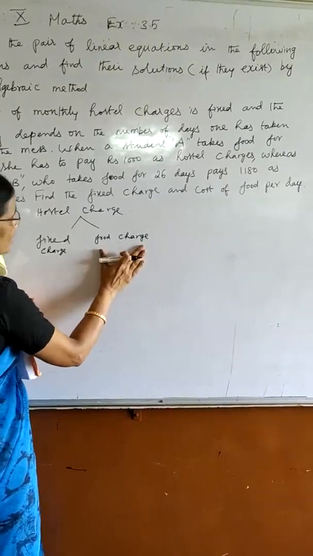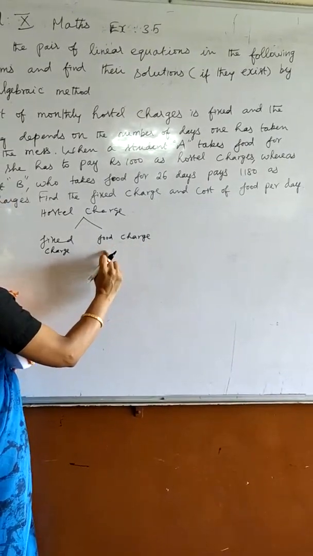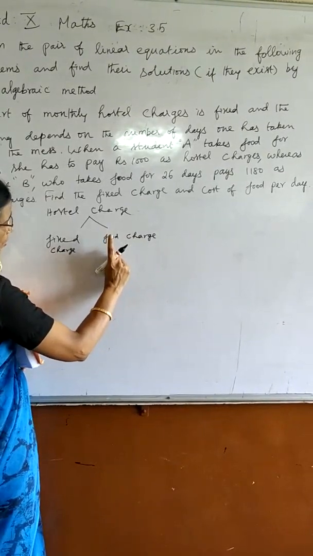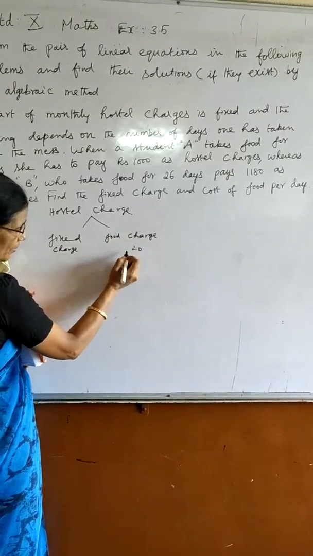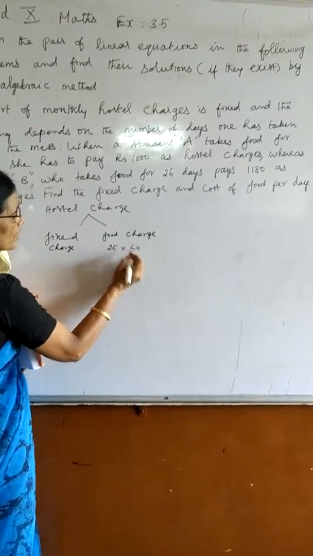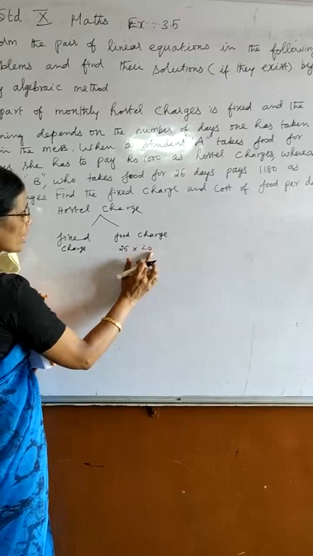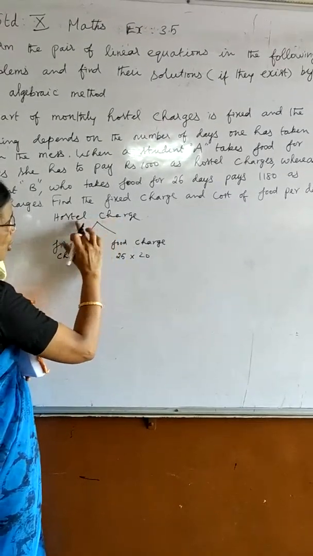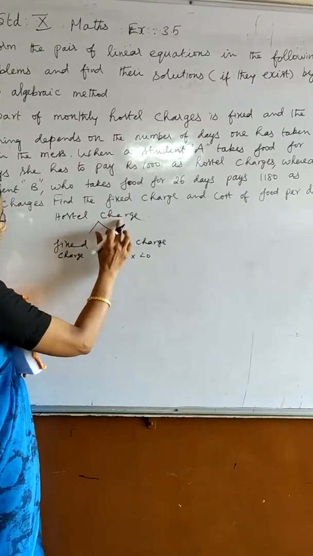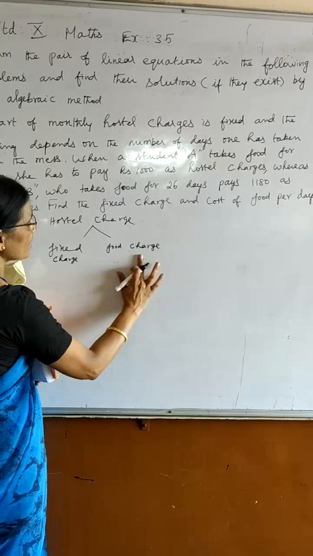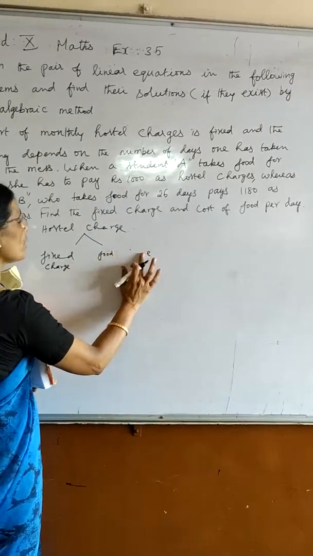Suppose if the person has taken 20 days, 20 into here it is charged for 1 day. Suppose if 1 day charge is 20 rupees and if the child has taken say 25 days food, this will be multiplied. So this is the food charge plus the fixed charge gives the total hostel charge. So hostel charge is divided into two parts. One is fixed charge, the other one is cost of food per day.